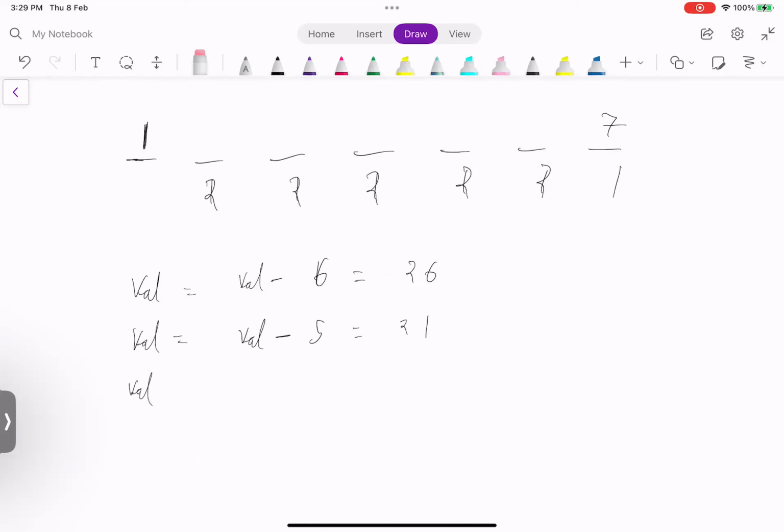Now, if we push the 6 over here and put a 5, then value will be equal to val minus 4. Because of putting a 5 here, these all became 3. Here we had to perform 3 subtractions from these symbols.